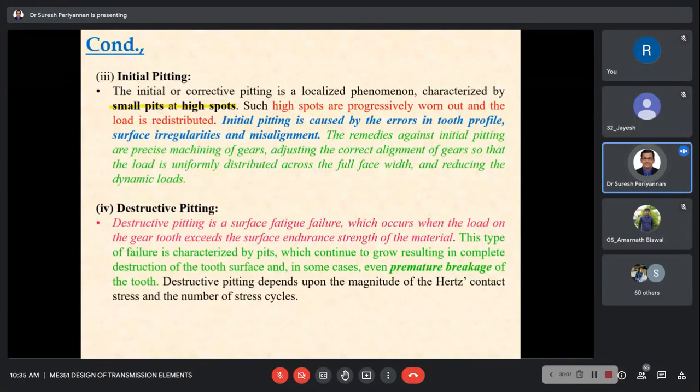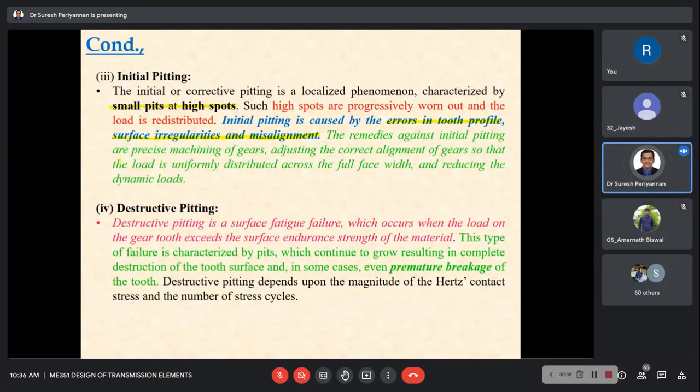What are the parameters causing initial pitting? Initial pitting is caused due to error in tooth profile. High spots are created because of error in tooth profile, surface irregularities, and misalignment between the gear teeth and pinion teeth. These are the causes of initial pitting. How can I resolve this problem?